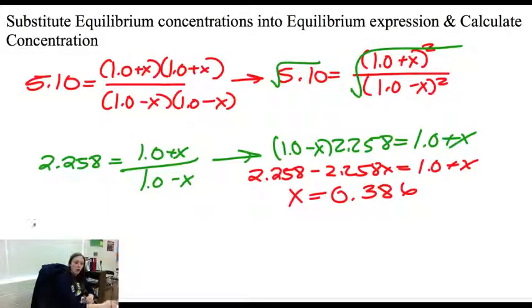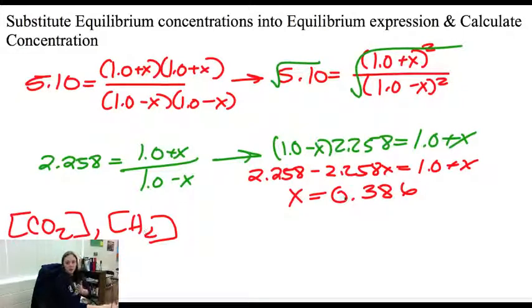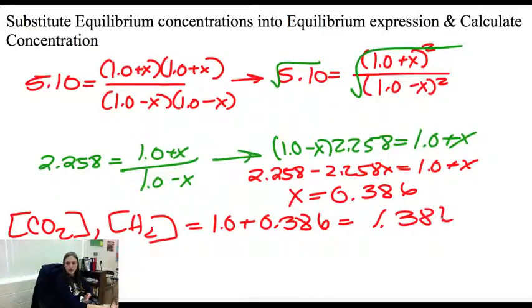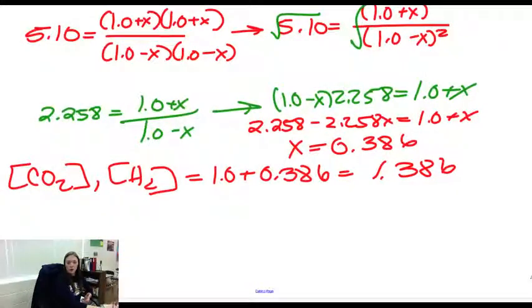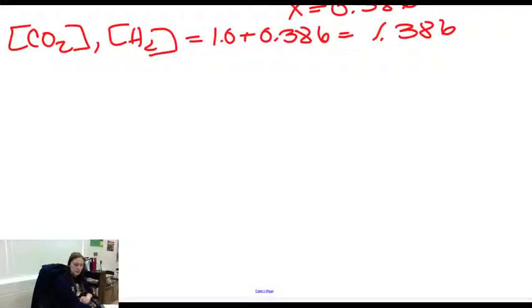So that means all of my products. So that means for CO2 and for H2, it was 1 plus x. So I take 1 plus my x, which is 1.386. For all of my reactants, then I take 1 minus x.